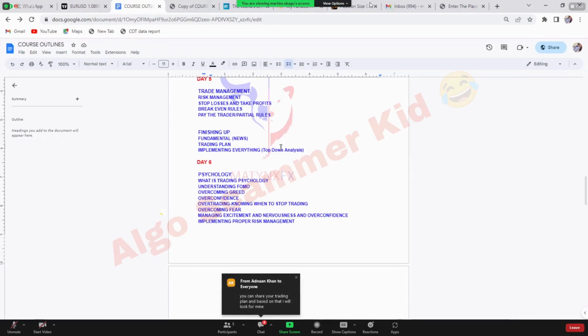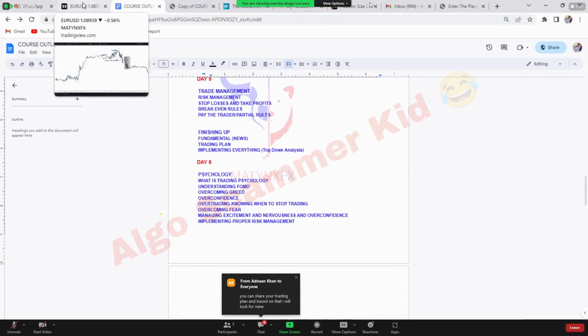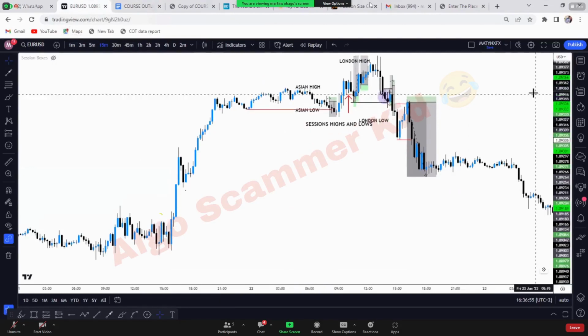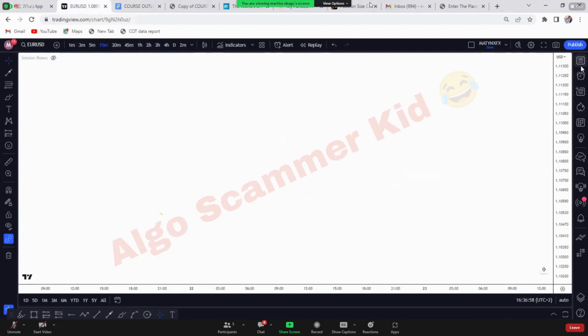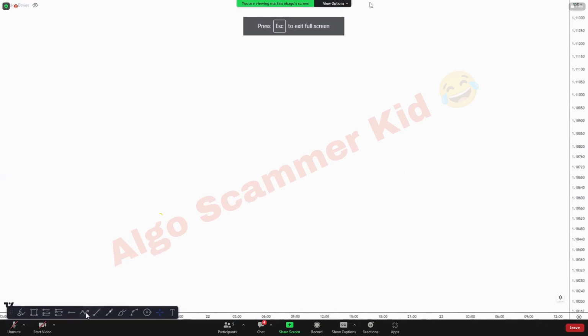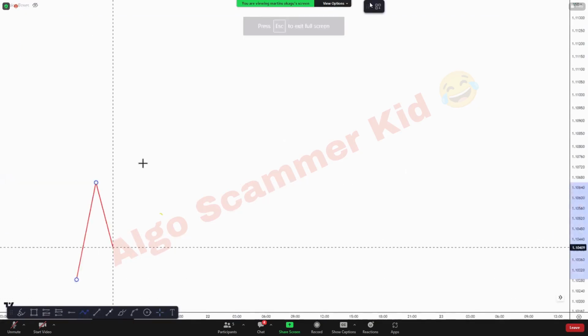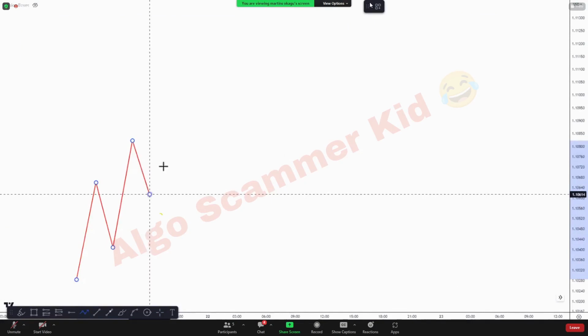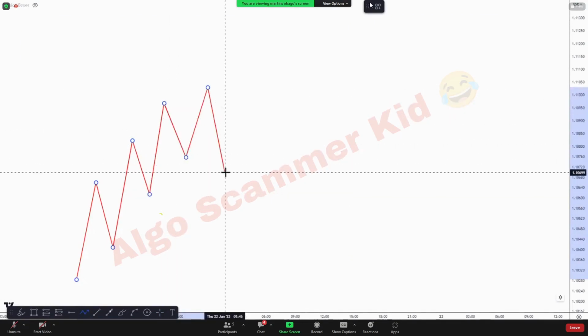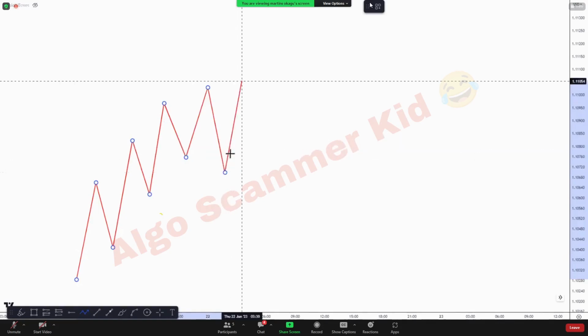Okay. Then we have top-down analysis. I don't think there's any need for this because I've done it already. I told you the 1 hour, when you're doing your top-down analysis. When you have the 1 hour adjustments here, you're expecting this buy.